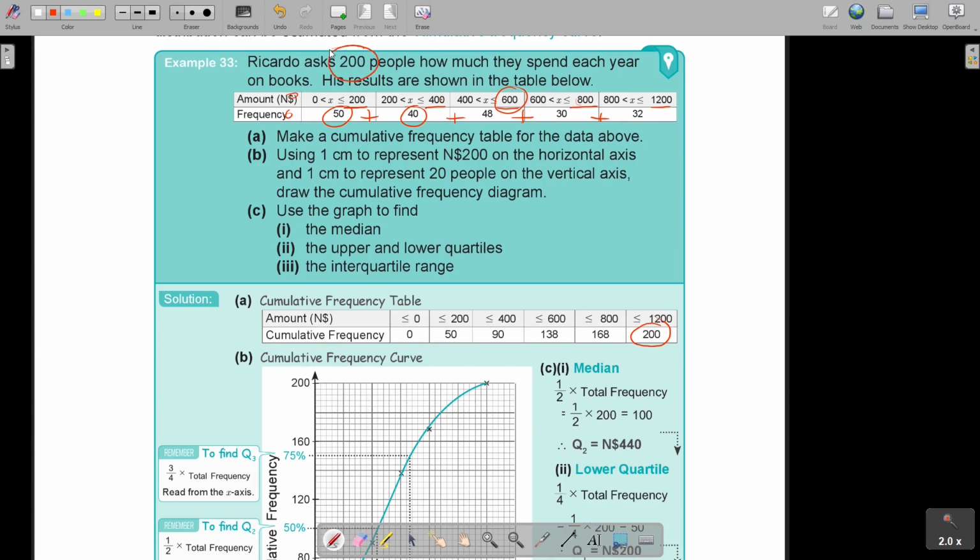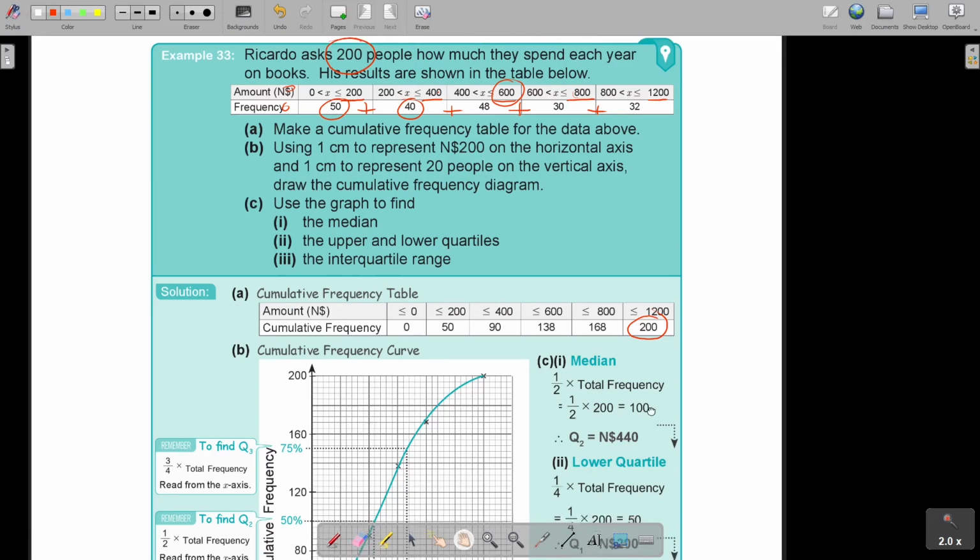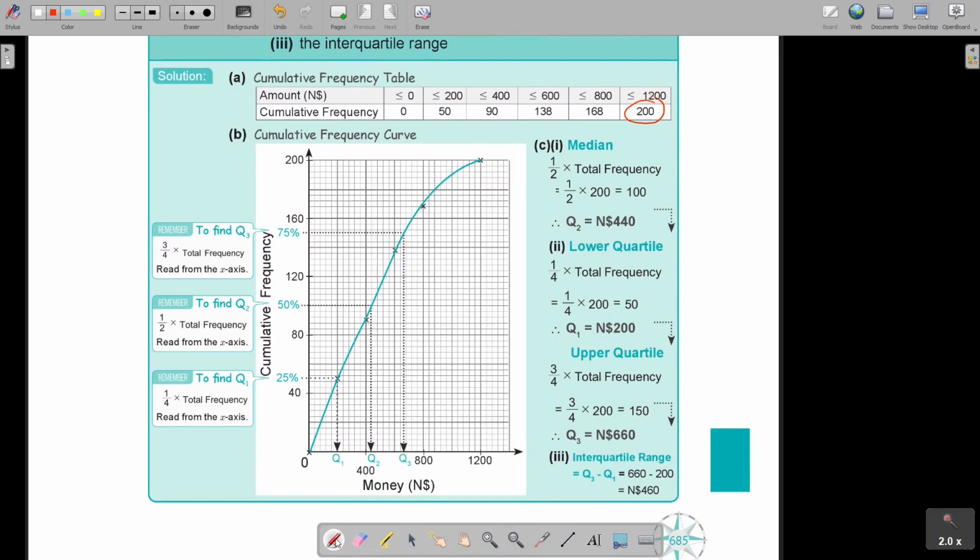Okay. Then using a scale, draw the cumulative frequency graph. Now, as soon as you plot, remember, this is now your coordinate points. So 0, 0. That's your first one. Then at 200, it was 50.